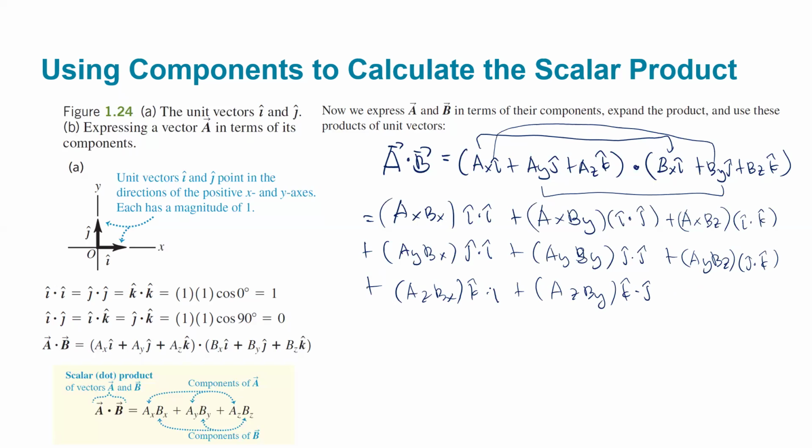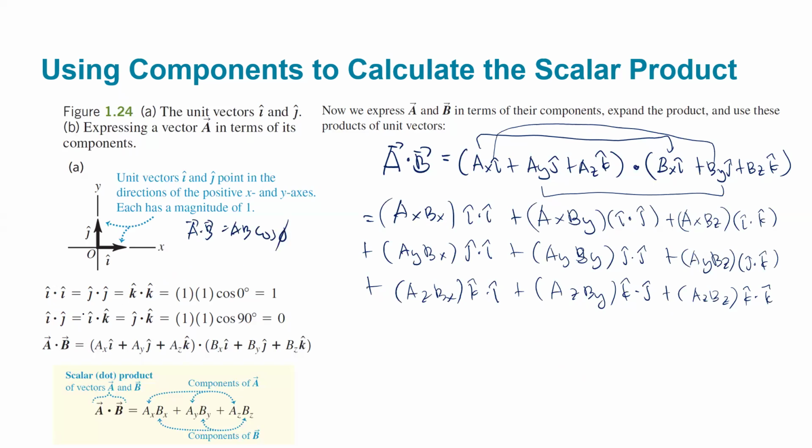Plus AZ BZ, k hat dot k hat. Okay. So take note that a unit vector has a magnitude of 1, and we know that A dot B is just equal to AB cosine of phi.